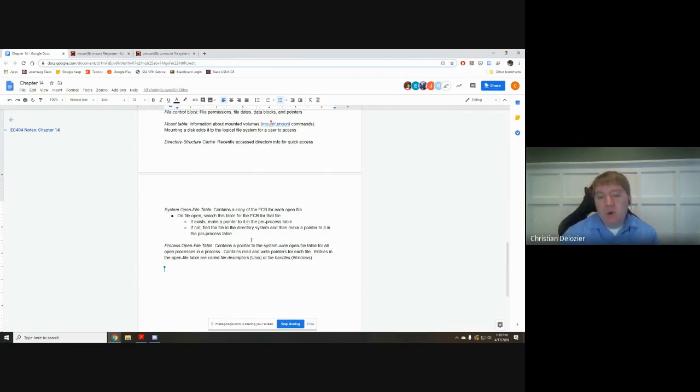We can just have a pointer to that information in each process, and that pointer can lead us to all of the other information that we need. This keeps us from duplicating all of that extra metadata every time we open a file in a different process. These may be unique entries if all the processes are using different files, but often there's some sharing in the system, and that means we can only have a limited number of files open in the system open file table.